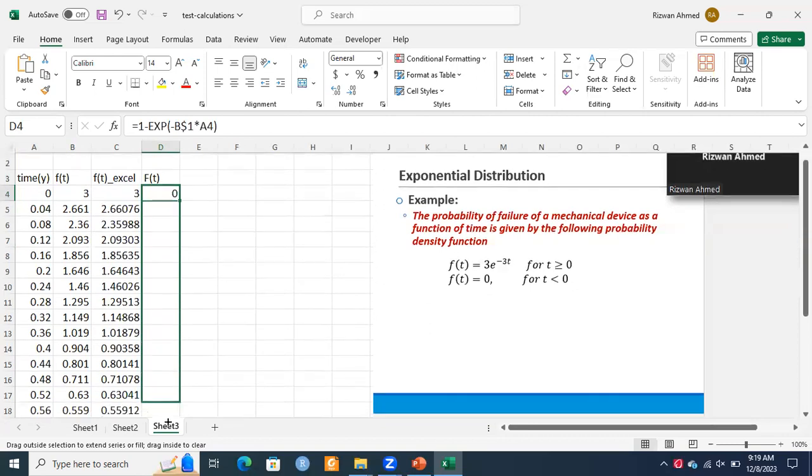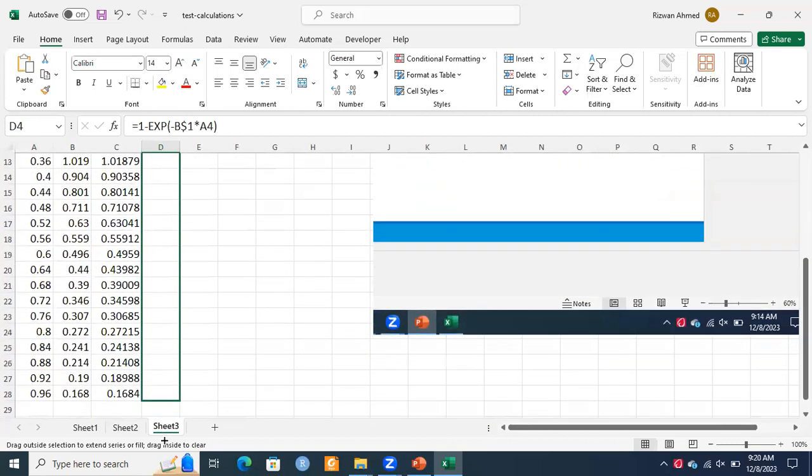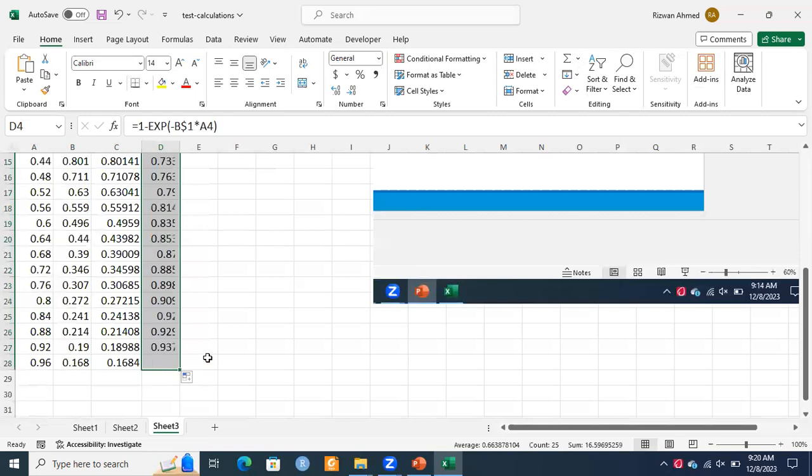I got 0 value. The F of t has a property that it saturates at 1, right? Cumulative probability always saturates at 1. So we have got to 95%, right? So 95% of the components of, say, bulbs of that company having this lambda value will fail within 1 year, right? So that's the interpretation.